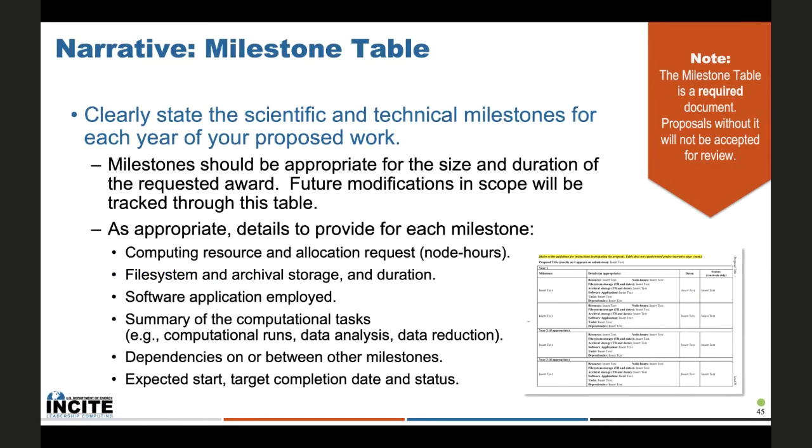But basically, what you would need to have in your milestone table is the computing resources and allocation request in node hours, file system and archival storage and duration, software application deployed, summary of computational tasks, dependencies on or between those milestones, and expected start, target, completion date, and the status in between.